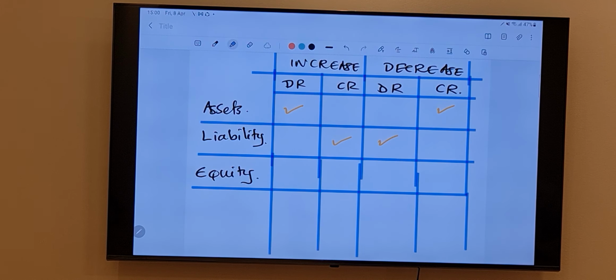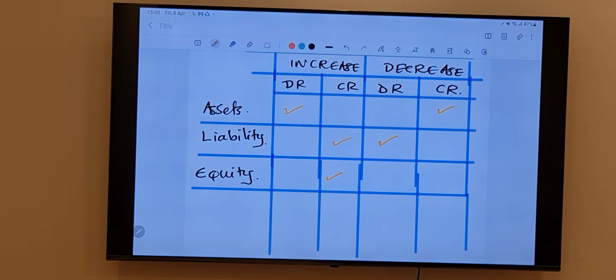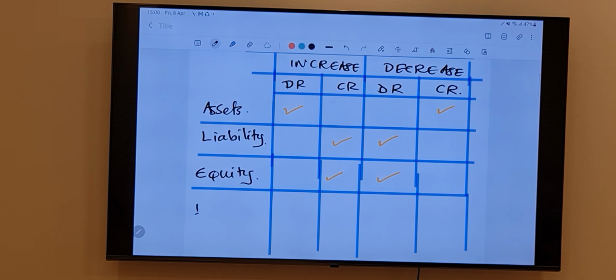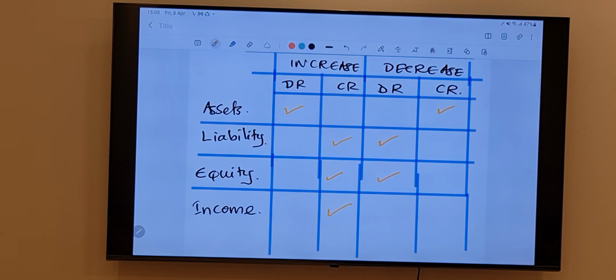What about equity? When equity increases, we should credit. When equity decreases, debit. Income: when income increases, credit.